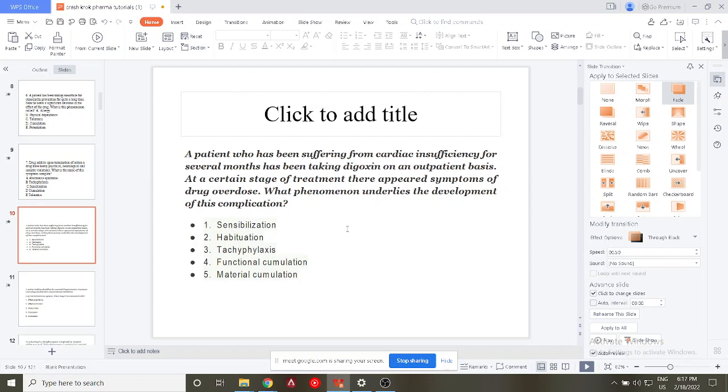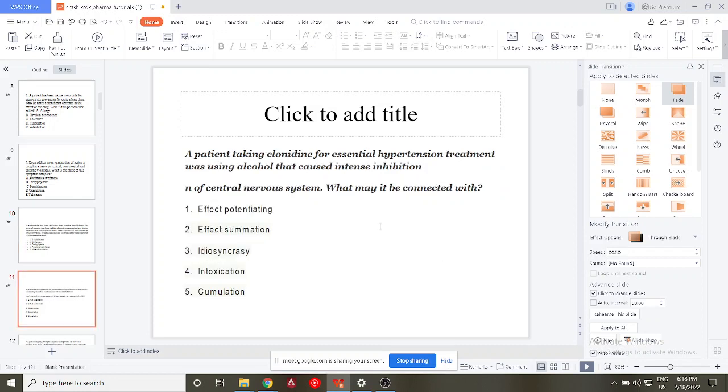For example, when you take alcohol, even after you finish excreting all the alcohol, you might still feel drunk. You might still have symptoms of drunkenness. So for functional, you might still feel symptoms after the drug has left your system, but for material, the drug is still in your system when you feel symptoms. Do you guys understand the difference? Yes. Okay, moving on to the next question.